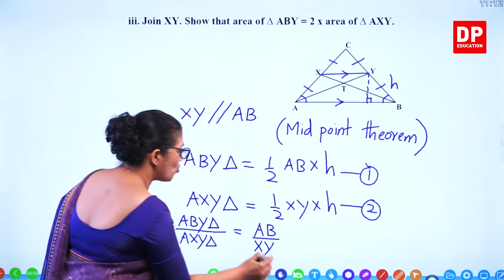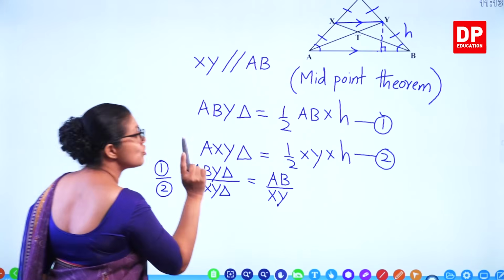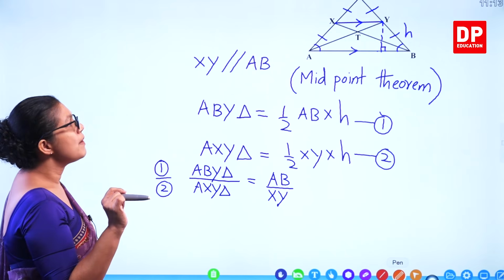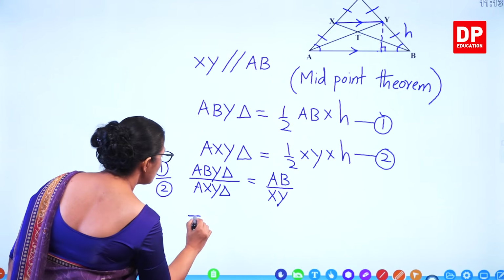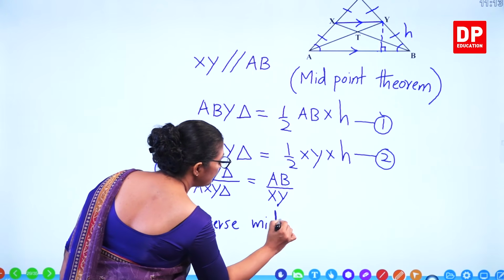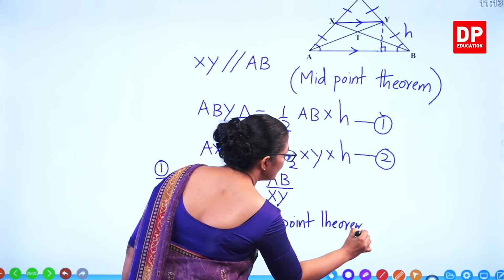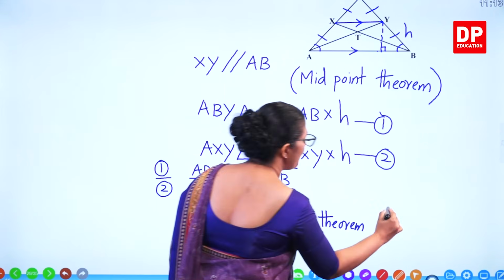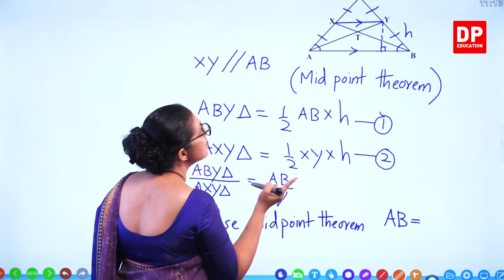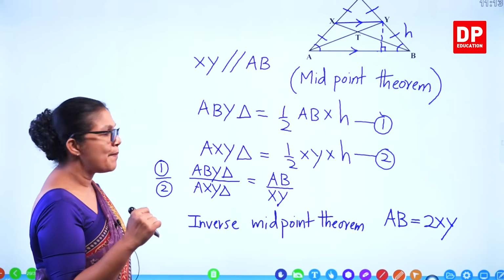So what is the relationship between AB and XY? According to the inverse midpoint theorem, what's the relationship between XY and AB? What do you know about the inverse midpoint theorem? According to the inverse midpoint theorem, we know AB is double of XY, or XY is half of AB.